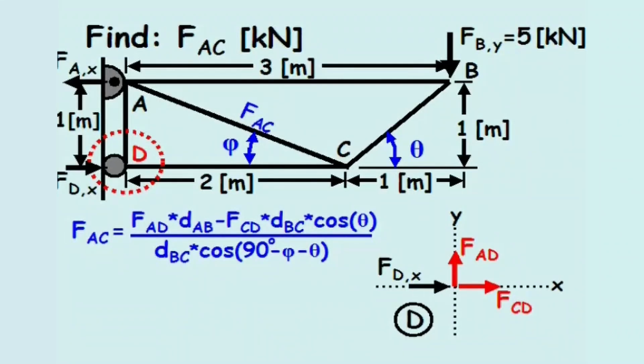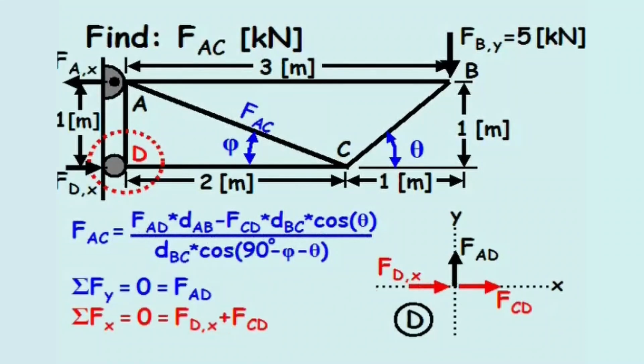If we sum the forces in the y direction at joint D, we learn that the force in member AD equals 0. If we sum the forces in the x direction at joint D, and if we assume member CD is in compression rather than in tension, then the force arrow reverses directions and the compressive force in member CD equals the horizontal reaction force at point D.